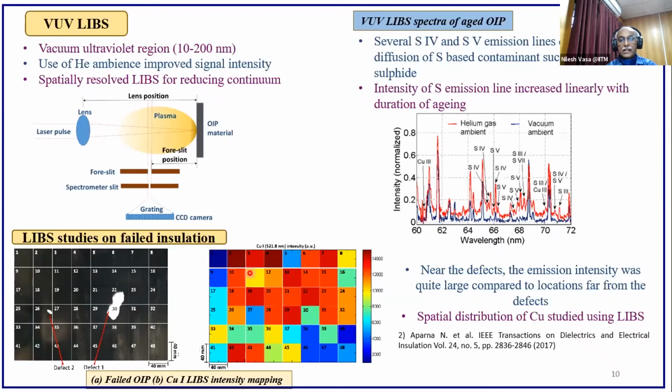What we could see here with the color diagram is how the corresponding emission intensity of the copper emission lines is changing. There are some regions in and around such defects where copper concentrations are quite large. That's what was captured in this colored representation. So the spatial distribution of copper was also studied.